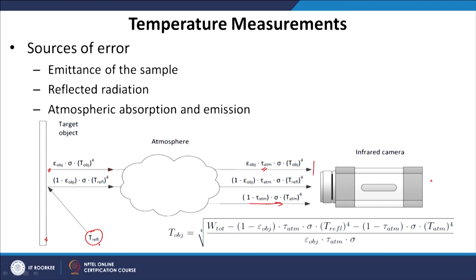So three components of the radiation are reaching the camera, and you have to compensate for that. You want to measure the temperature of the object, but what you are measuring is not only the radiation coming from the object, but also the reflected part of the radiation and the radiation from the gas. So you have to compensate for these in the camera. Normally, infrared cameras come with different compensation mechanisms.